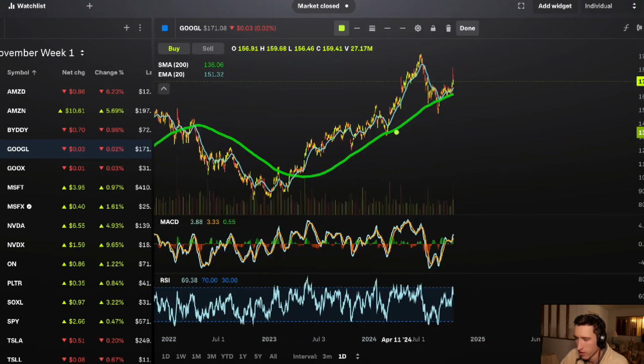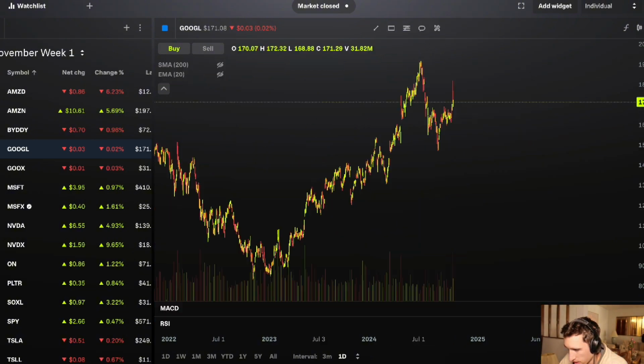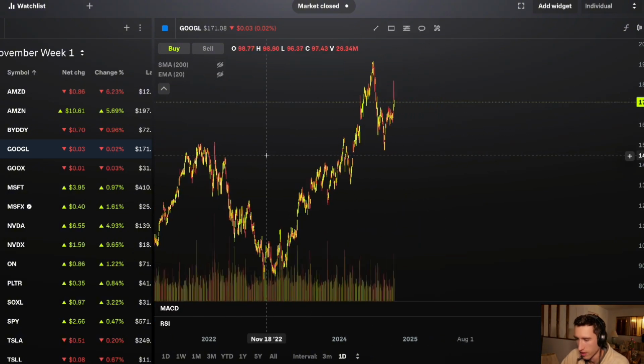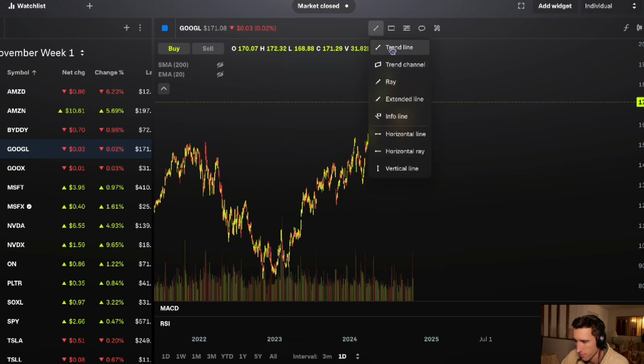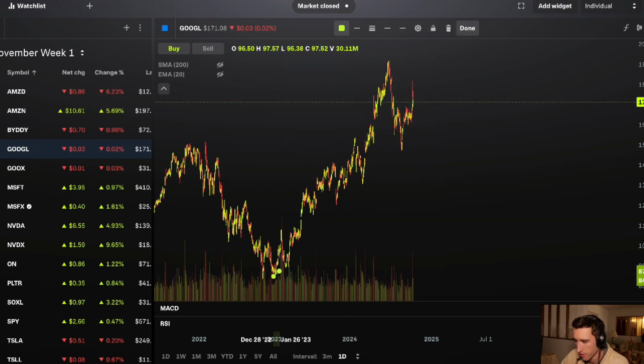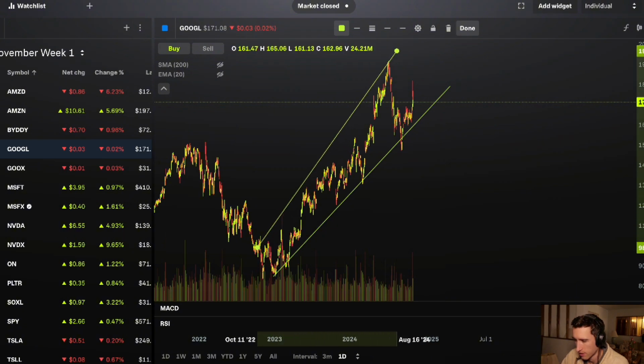So when you see a consistent uptrend, and let me just go ahead and turn off the other indicators. When you see a consistent uptrend like this, and you can see it's very consistent from 2022 to today, you can identify clear resistance and support.